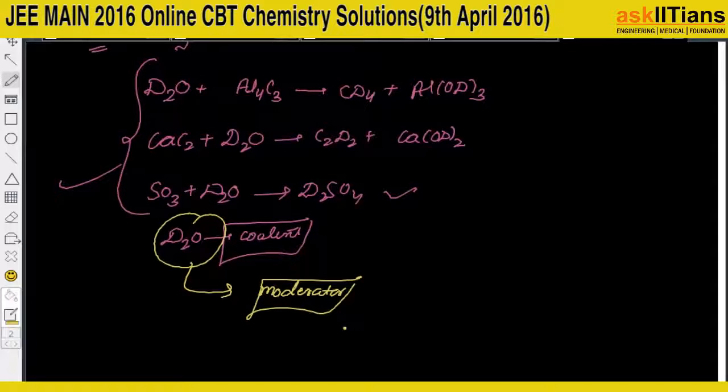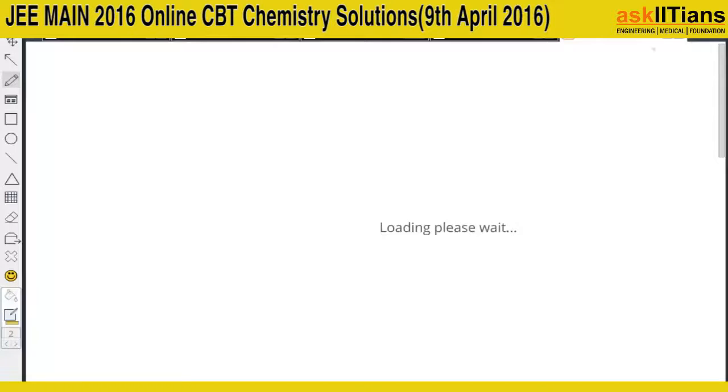Deuterium has a high molecular weight compared to hydrogen, and because of this the fast moving neutrons can strike the D2O and hence the speed of the neutrons can be moderated. So the fourth option is the right answer in this case, since moderator is the main use of D2O and not coolant.